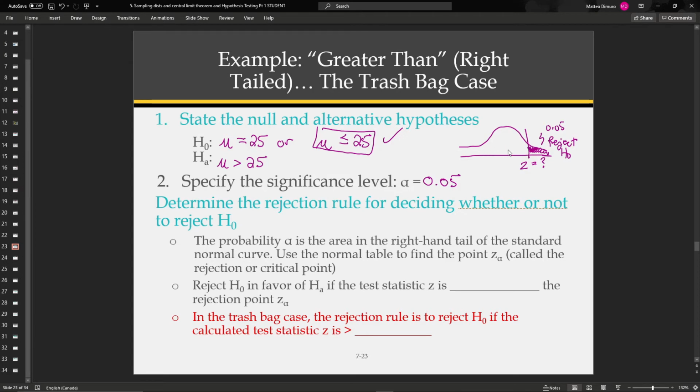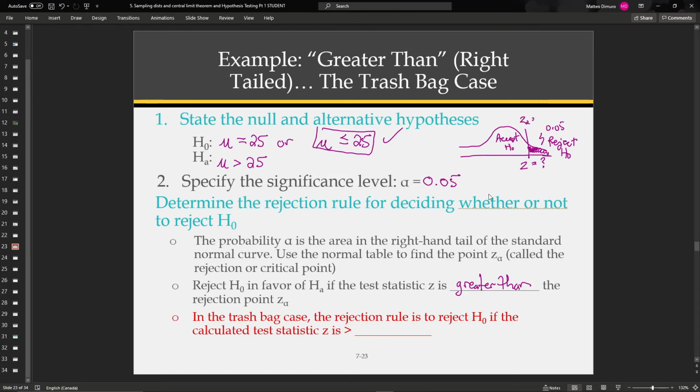If our z-score falls anywhere else over here, we're going to accept H0. Okay, so that's what all this says. Reject H0 in favor of HA if the test statistic Z is greater than the rejection point Z alpha. We're going to find what this Z alpha point is here.